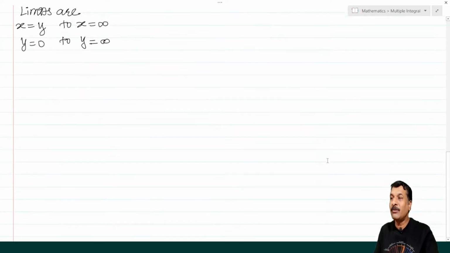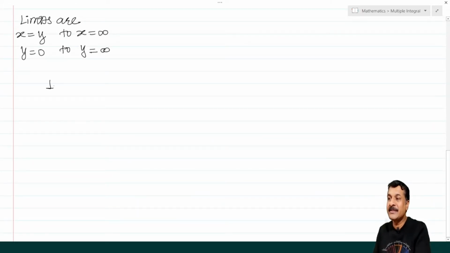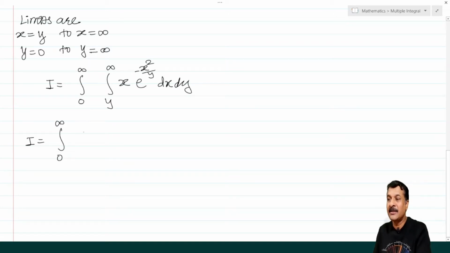Once we have the new limits, it is very easy. I equal to integration 0 to infinity, inner integration y to infinity, x e raised to minus x square by y dx dy. Note that the inner integral is with respect to x, with y constant.